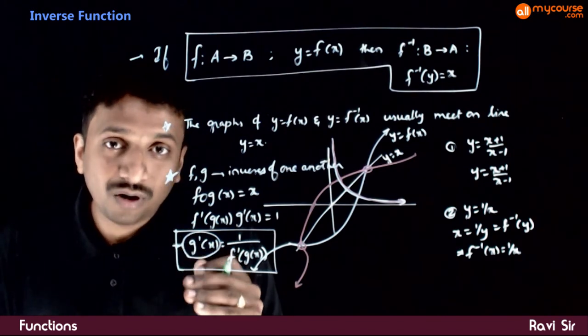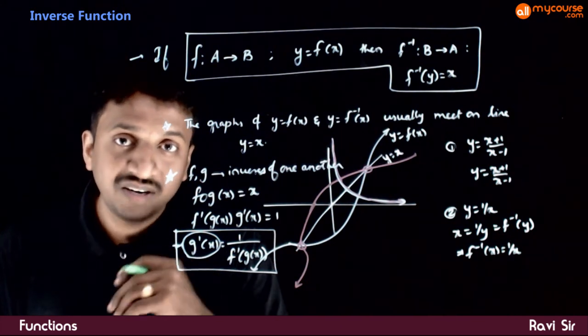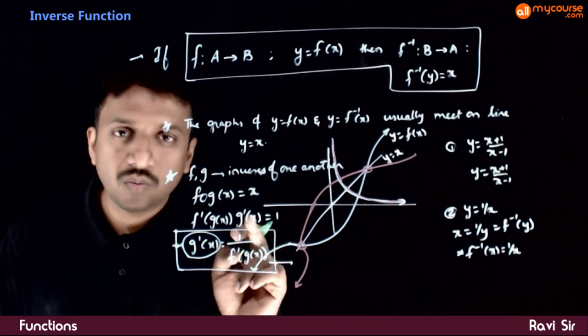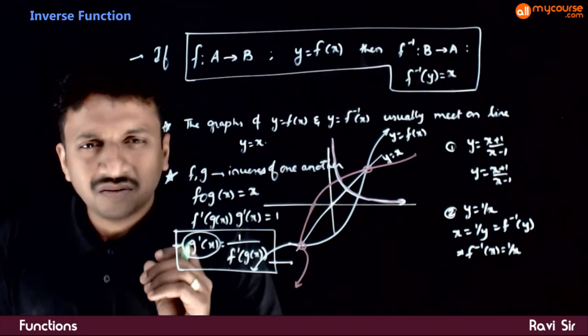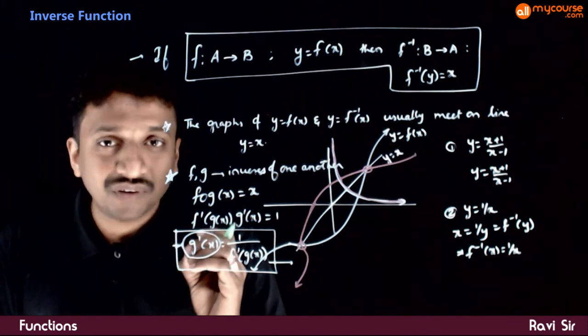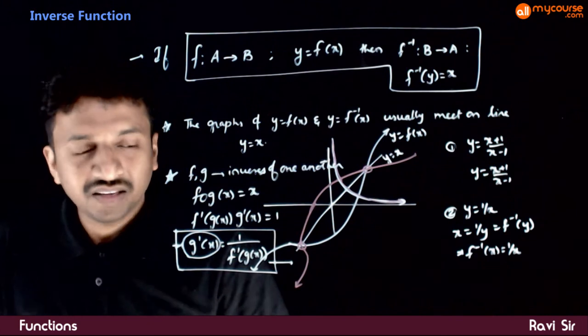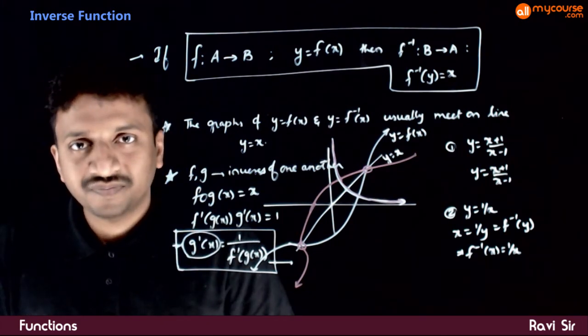We'll look at it more closely in the chapter on differentiation, applications of derivatives. Whenever you see a question which involves differentiation of inverse functions, you need to use this statement: g dash of x is equal to 1 by f dash of g of x.